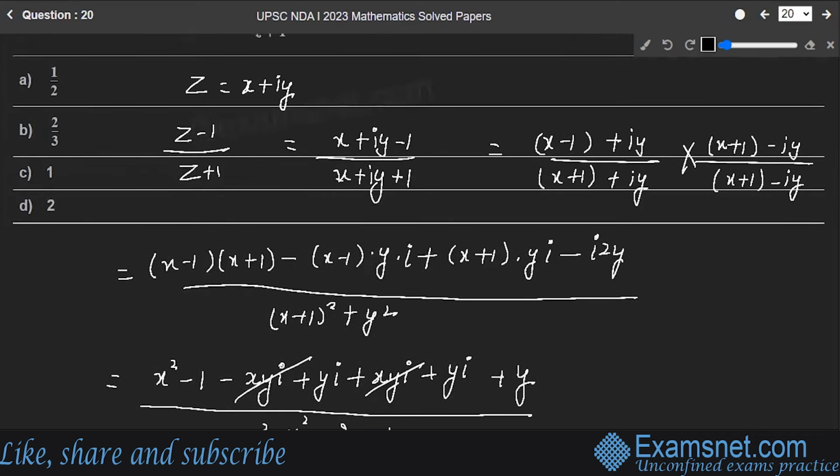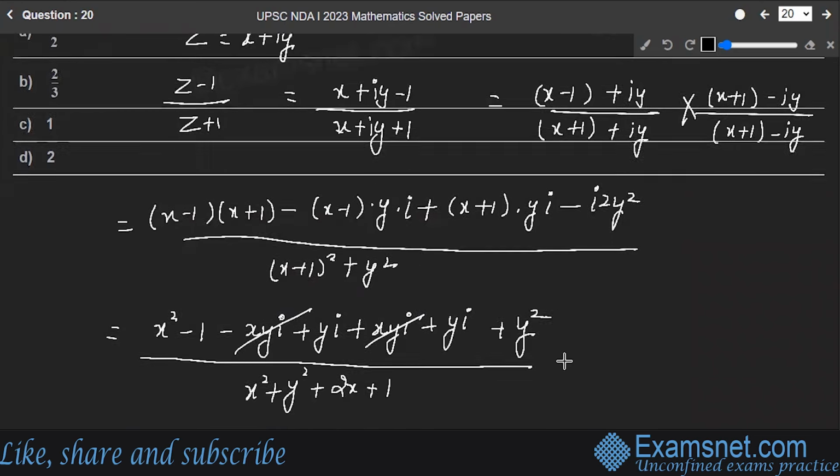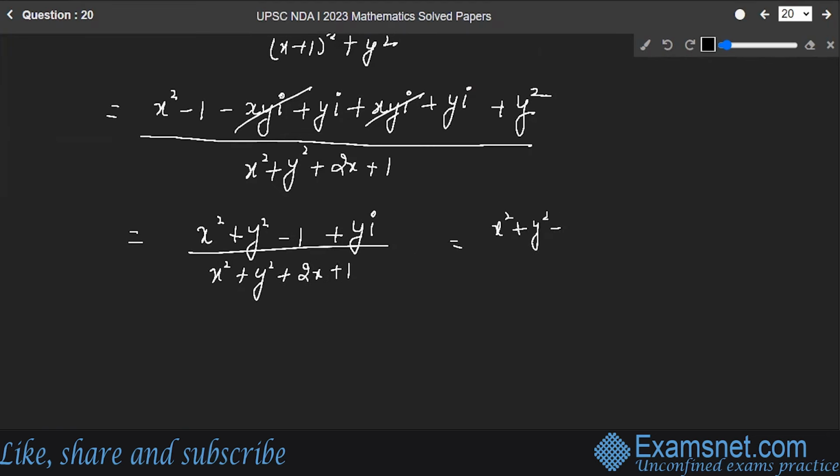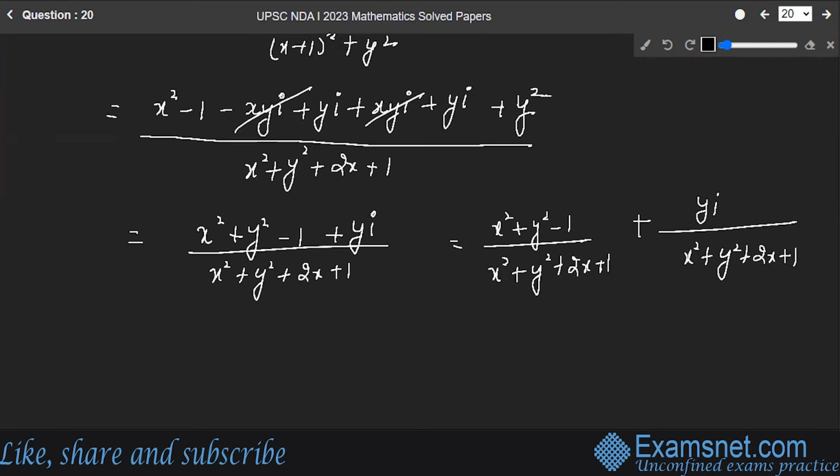This will be x square plus y square minus 1 plus 2y iota, whole divided by x square plus y square plus 2x plus 1, which makes it (x square plus y square minus 1) upon (x square plus y square plus 2x plus 1) plus (2y iota) upon (x square plus y square plus 2x plus 1).